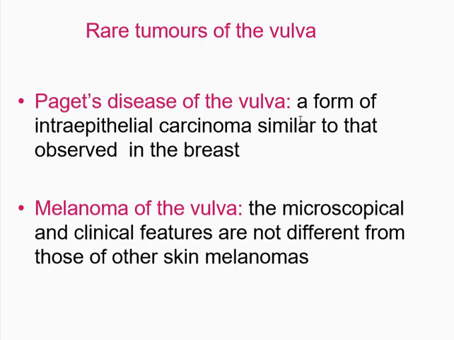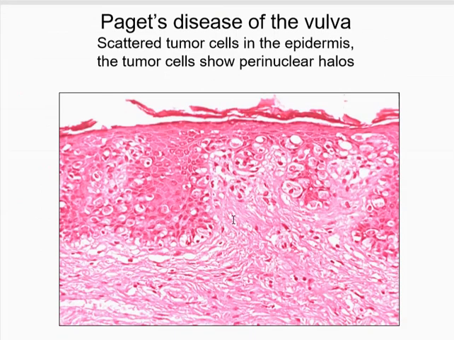They may be associated with an invasive cancer, but this is also a specific type of in situ carcinoma, and melanoma of the vulva is a melanocytic tumor which is similar to cutaneous melanomas, and vulvar melanoma is probably the most common non-cutaneous site for melanoma development. Ocular melanoma may be the other common site for that.